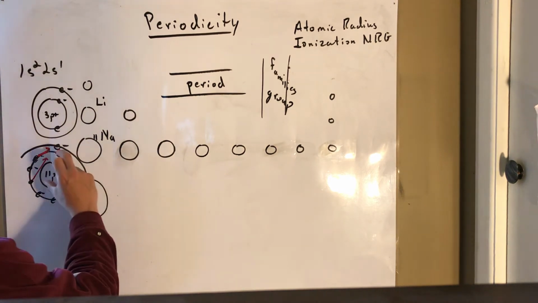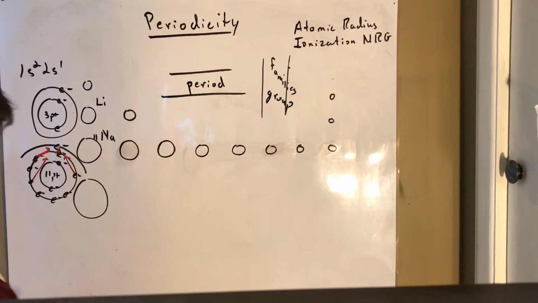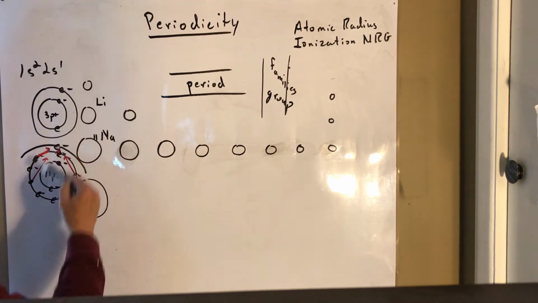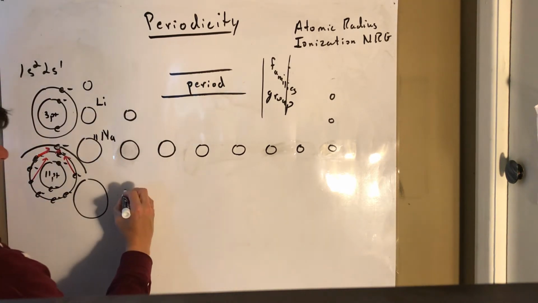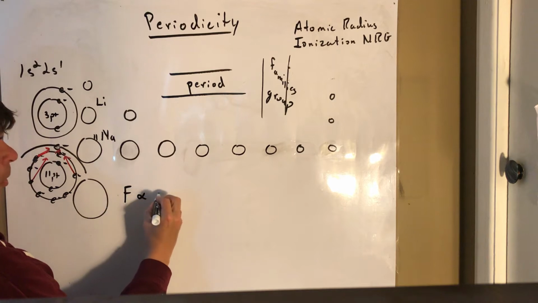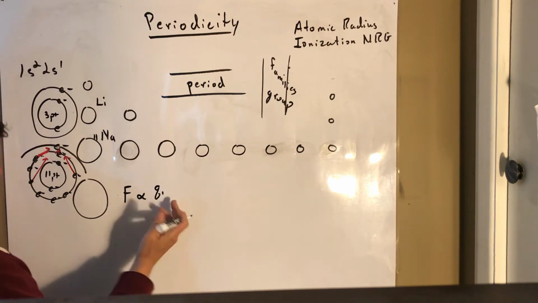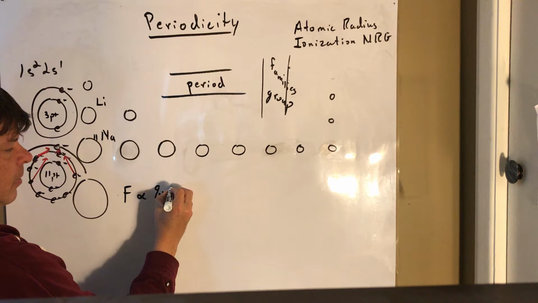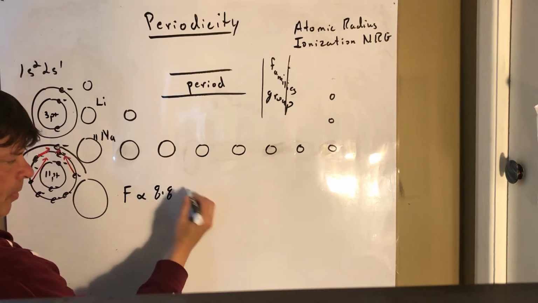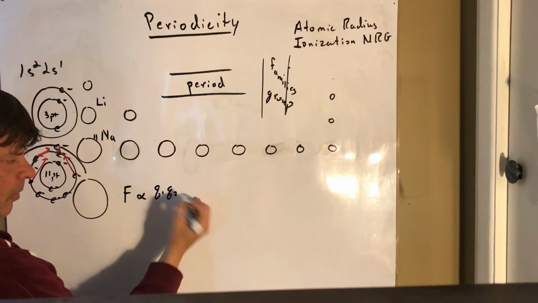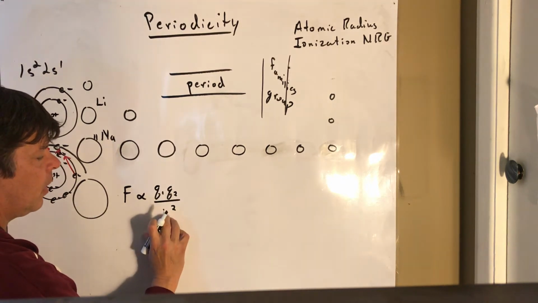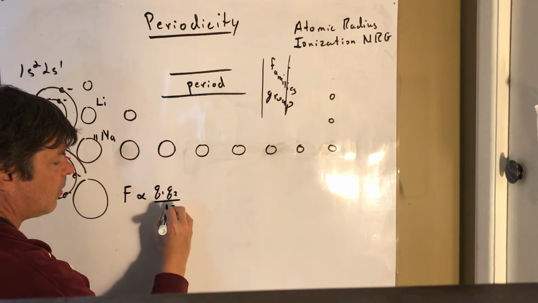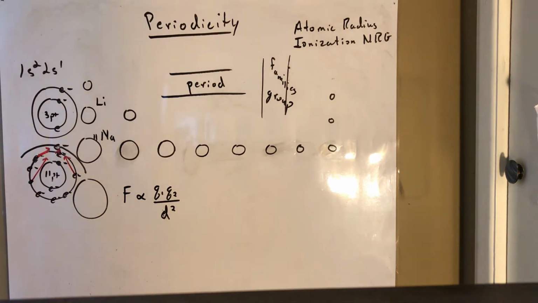Don't forget, I think we went over this just briefly: the electrostatic attraction between the electron and the nucleus. Remember, the force of attraction is directly proportional to the charge of an electron times the charge of the nucleus, divided by the distance squared.